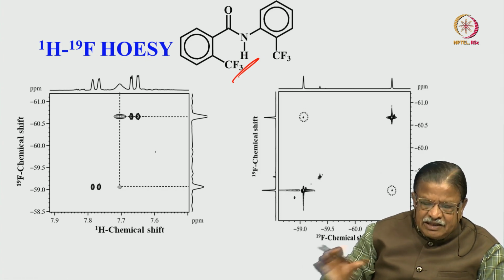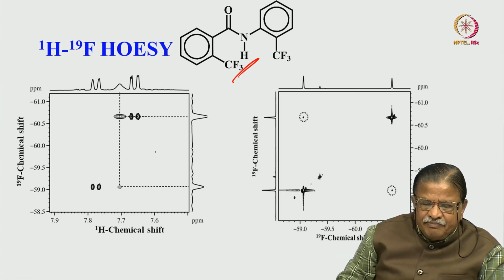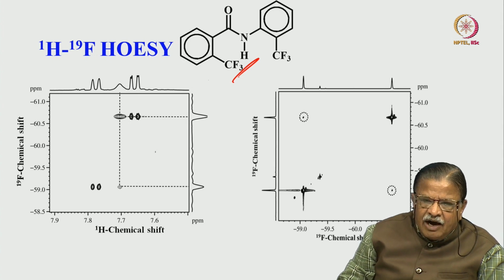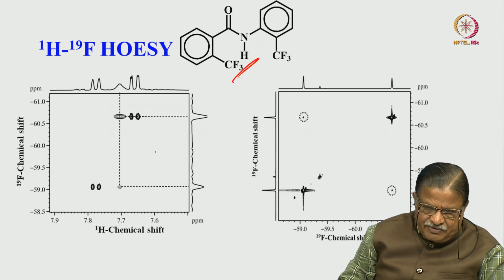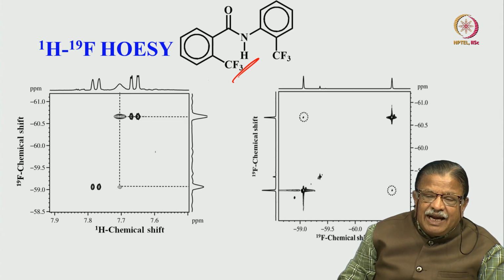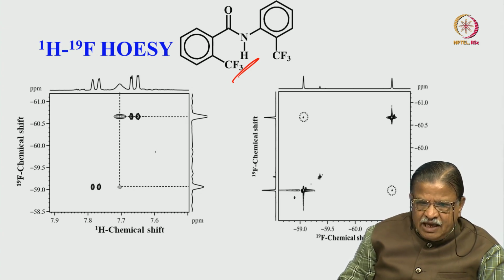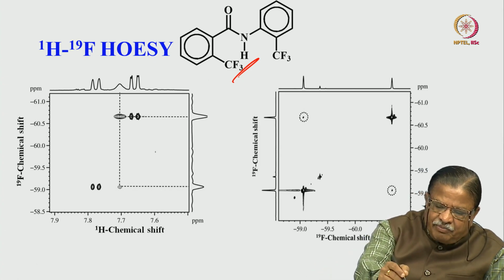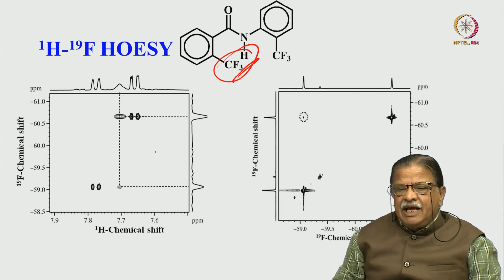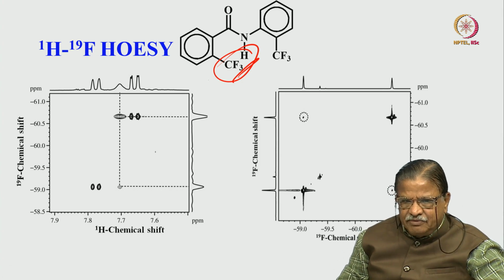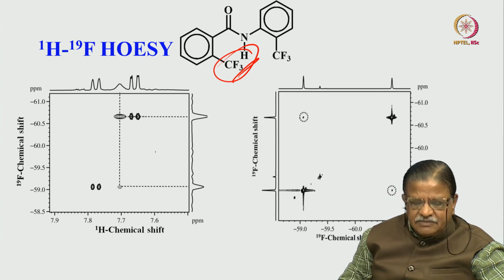We want to see whether the spatial proximity is important for hydrogen bonding. We wanted to see how close they are in space. So we did fluorine 19 HOE, heteronuclear Overhauser effect. In which case, if there is a spatial proximity between these two, we must get the cross peaks. That's what we observed.